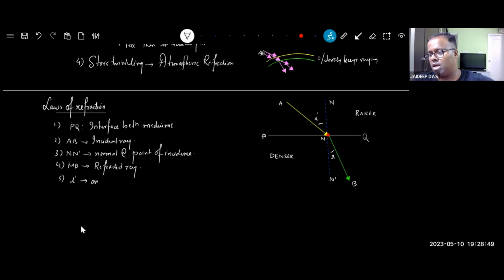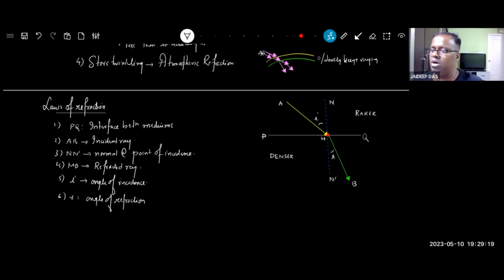I is angle of incidence. And number 6, R is angle of refraction. Any doubt in these terminologies so far? Because this is what we are going to encounter again and again.